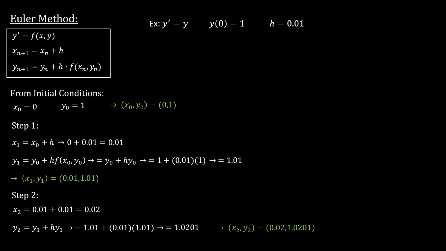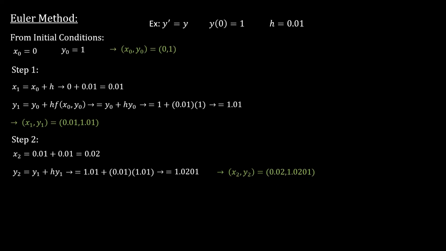All right, let's do one more step. Step 3, we are looking for x3. So x3 is 0.02 plus 0.01, which equals 0.03. I think you guys already get what's going on in the x. And then for y3, it is equal to y2 plus h times y2.